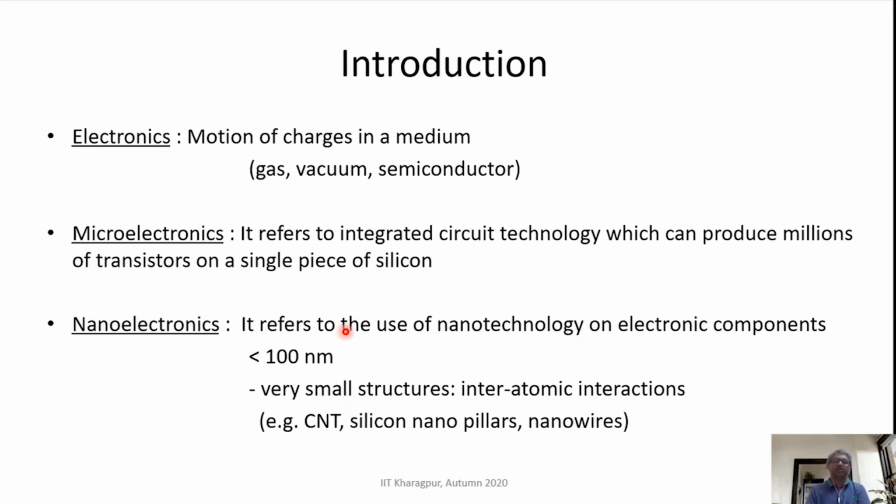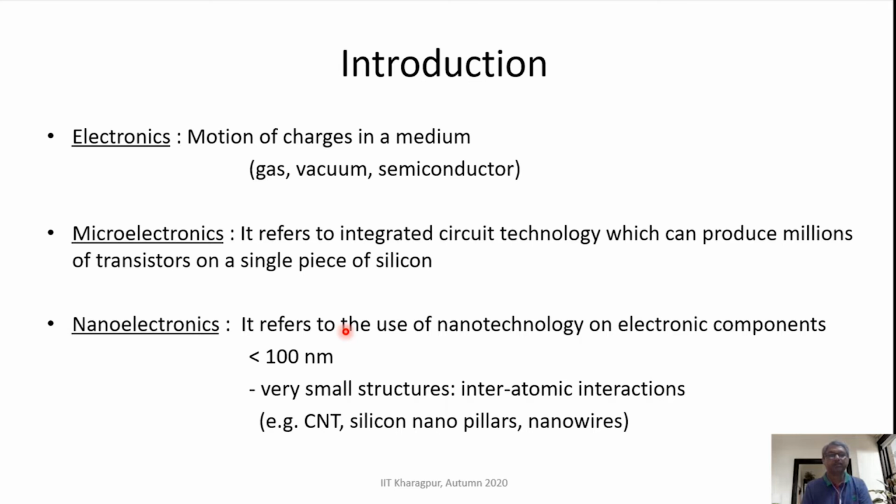Nanoelectronics mostly refers to the use of nanotechnology in fabricating electronic components. There is no hard and fast rule about the dimension of nanoelectronics, but let's say that if the dimension of the device is less than 100 nanometer, we can call them nanoelectronic devices.